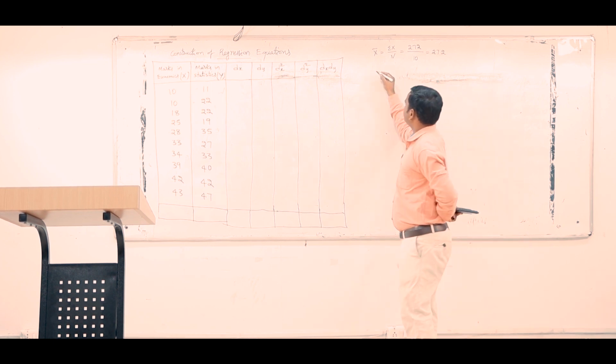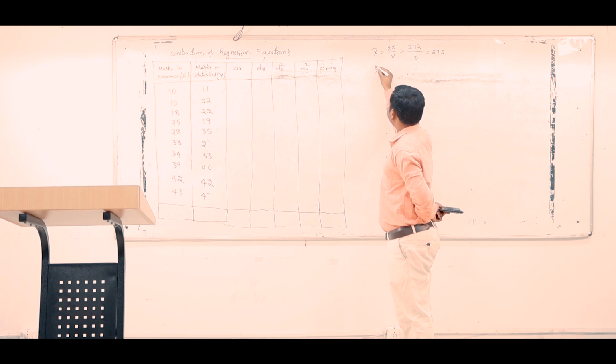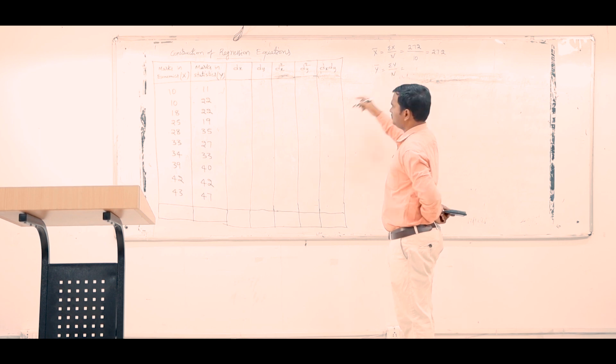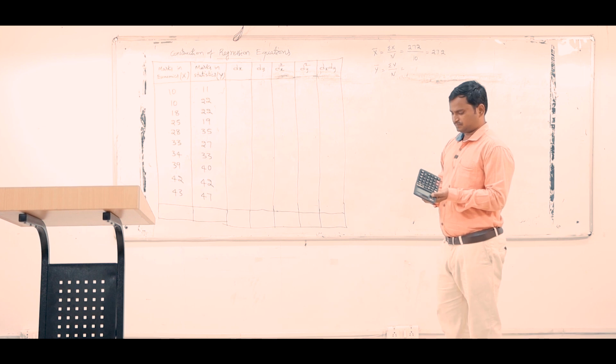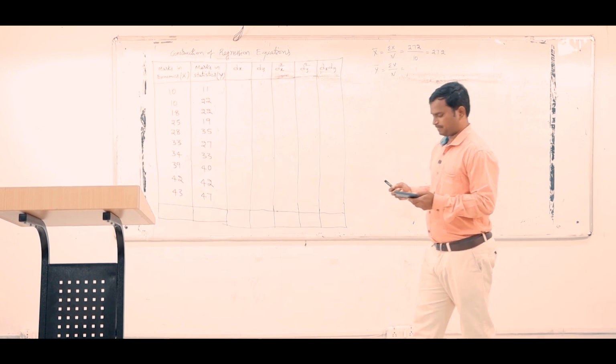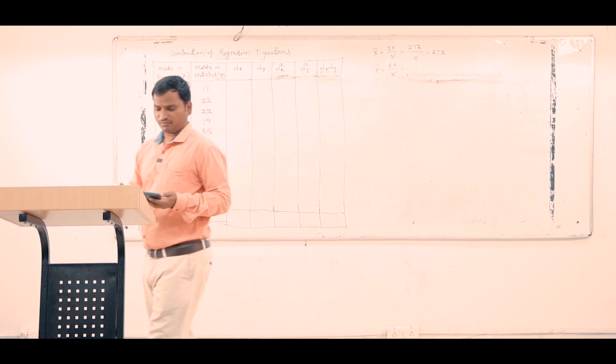After that, we should find the mean for the Y variable also. Y bar is equal to summation Y by N. We should add all the values and divide by the number of values.